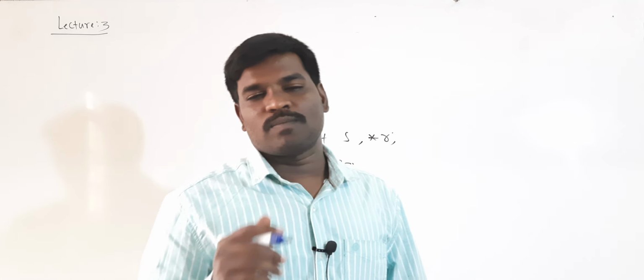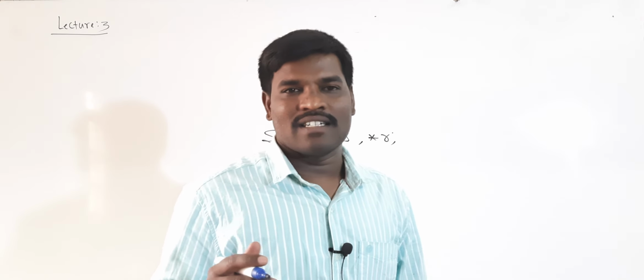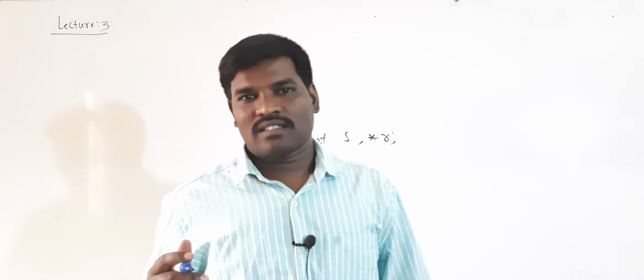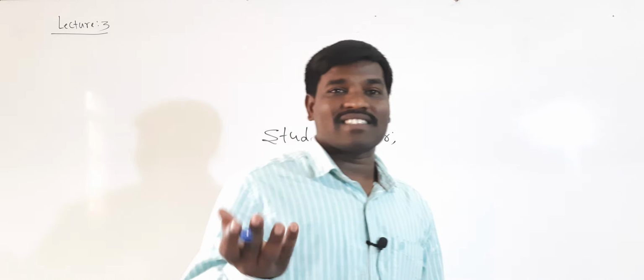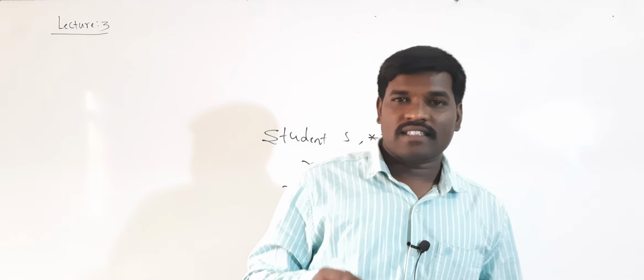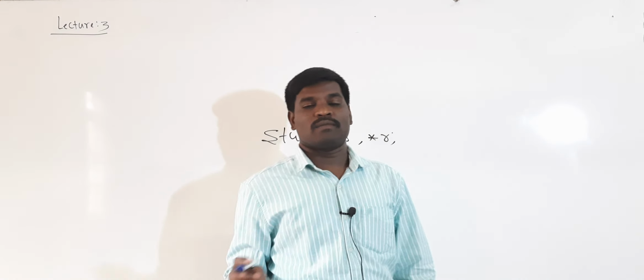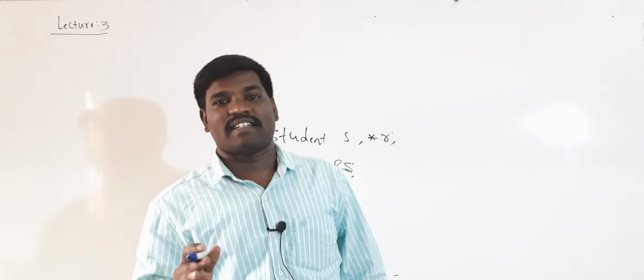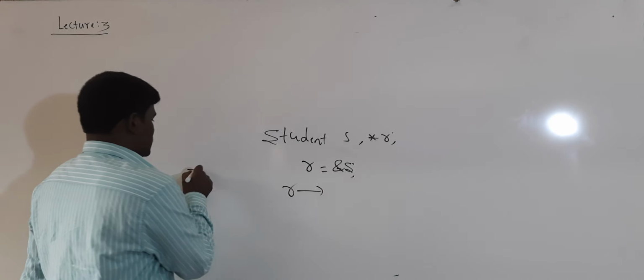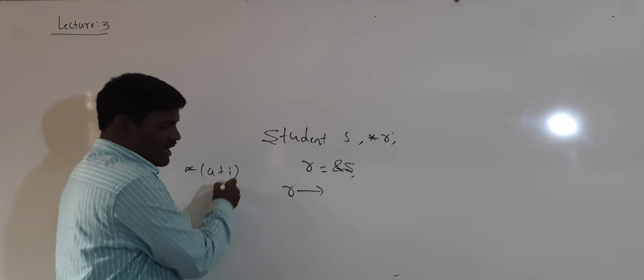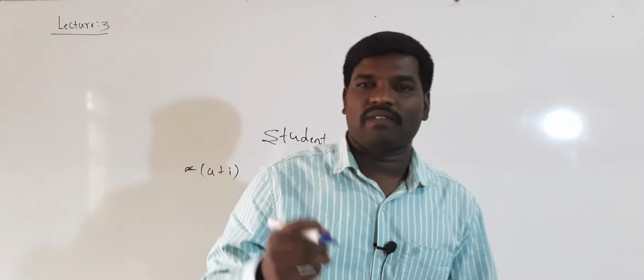And one more concept we discussed in the last class, that is pointers and arrays, or array of pointers. Pointers and arrays means at the time of reading the array elements, the array is directly converted into a pointer. So we have to use star of a plus i at the time of reading the values.